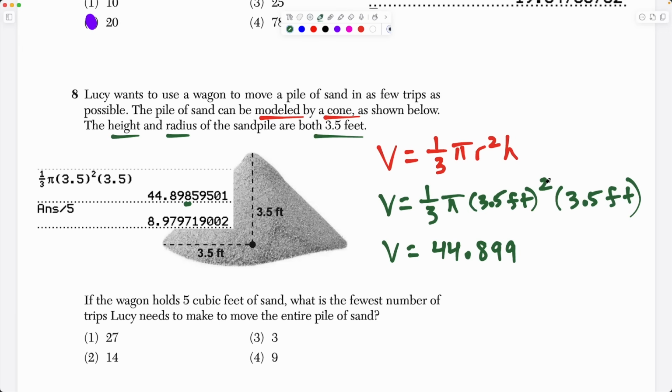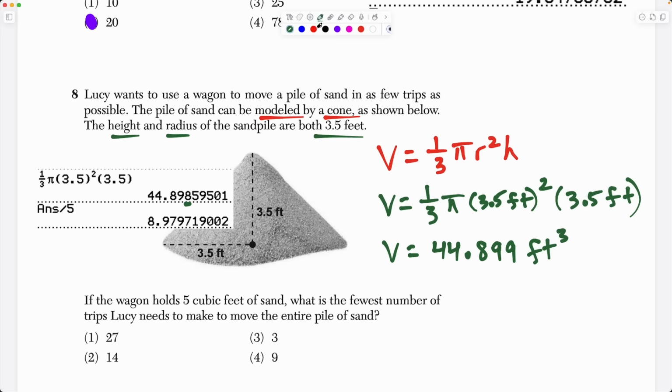When I do feet squared times feet to the first, that gives me feet to the third power, which is cubic feet, okay? And notice they said that the wagon holds 5 cubic feet of sand. So that's why when we divide by 5 cubic feet, the units cancel, just telling us how many wagon trips Lucy needs to make.